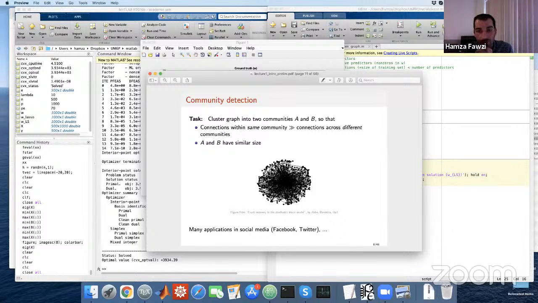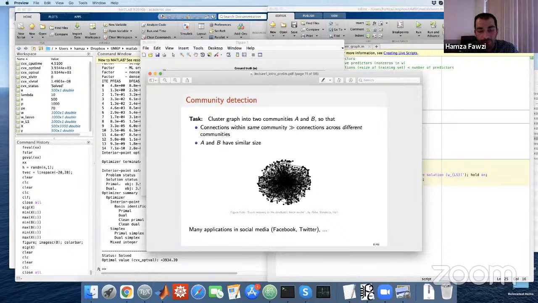What you would like to do is to identify in this graph two communities. This could be, for example, two people belonging to two different political parties or something like that. How do we define a community?